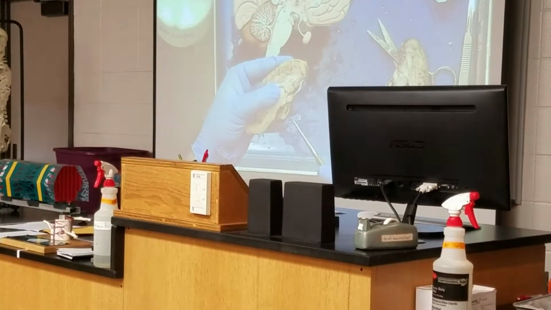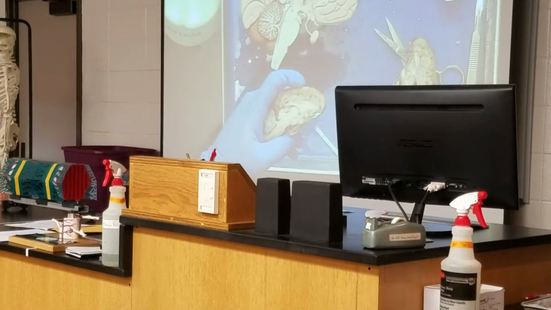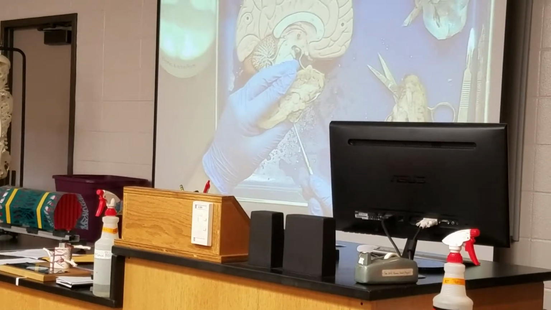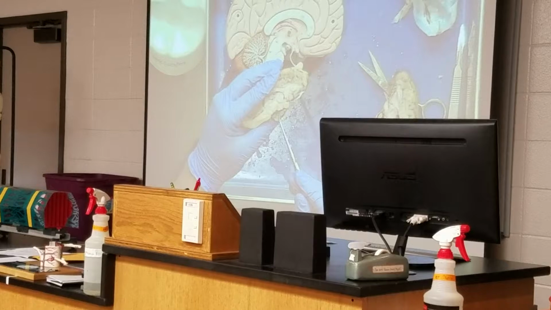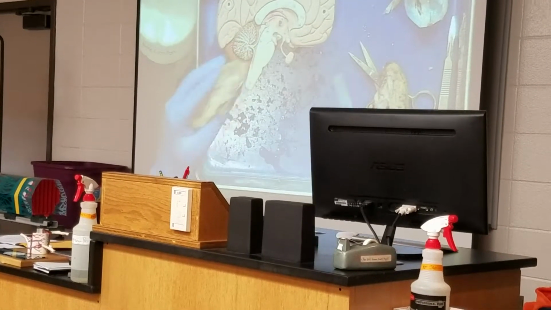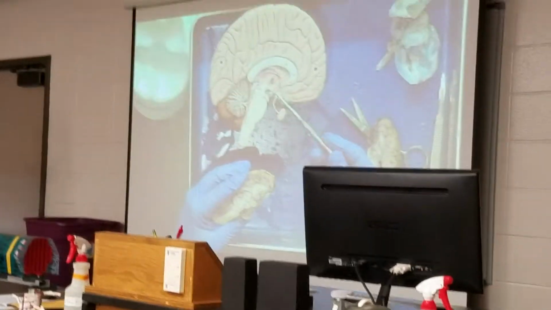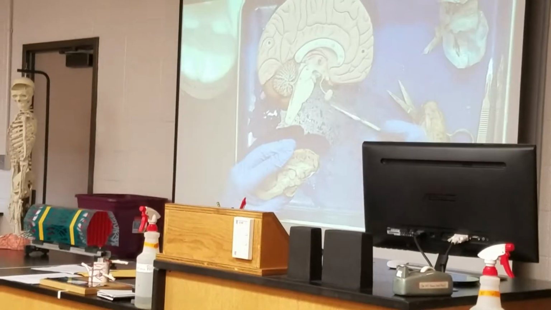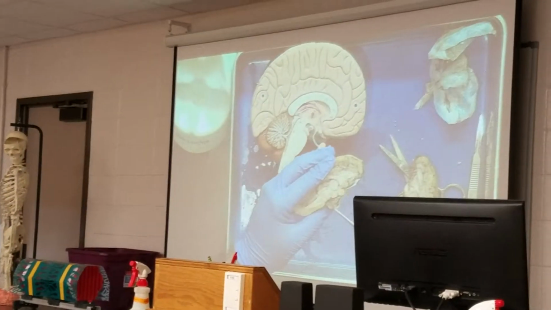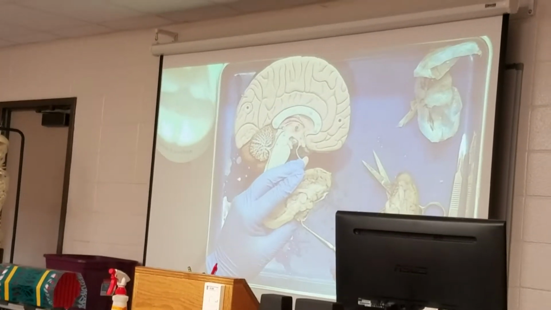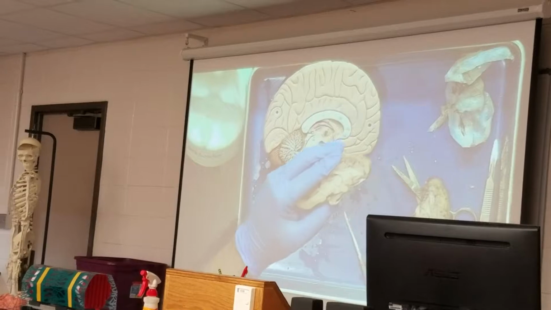The infundibulum is really hard to find, extremely hard to find on here. So if we point at the infundibulum, we'll most likely point at the human model. It's a string, yes, a ligament that connects the two. And this is your pituitary gland, the big black part right there.